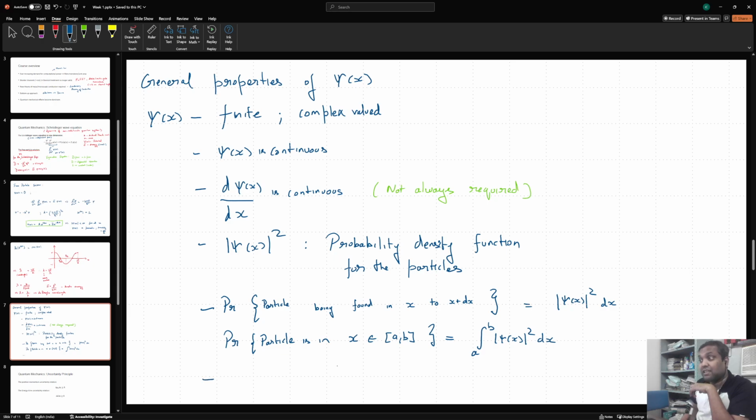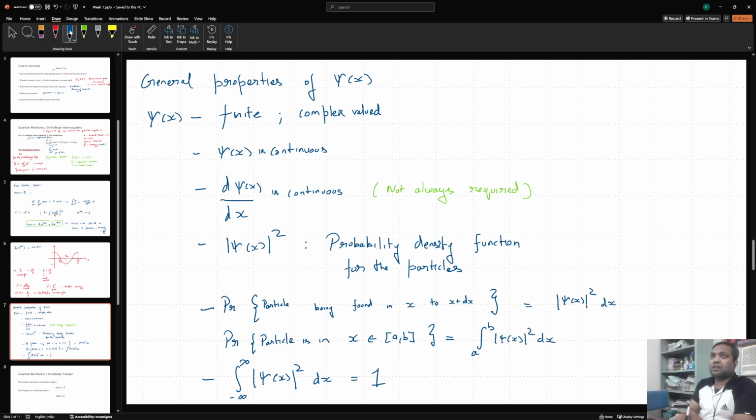And finally, since this is a probability distribution, if I were to integrate over all possible values of x, from minus infinity to infinity, then the integral of mod psi of x squared dx is equal to 1.